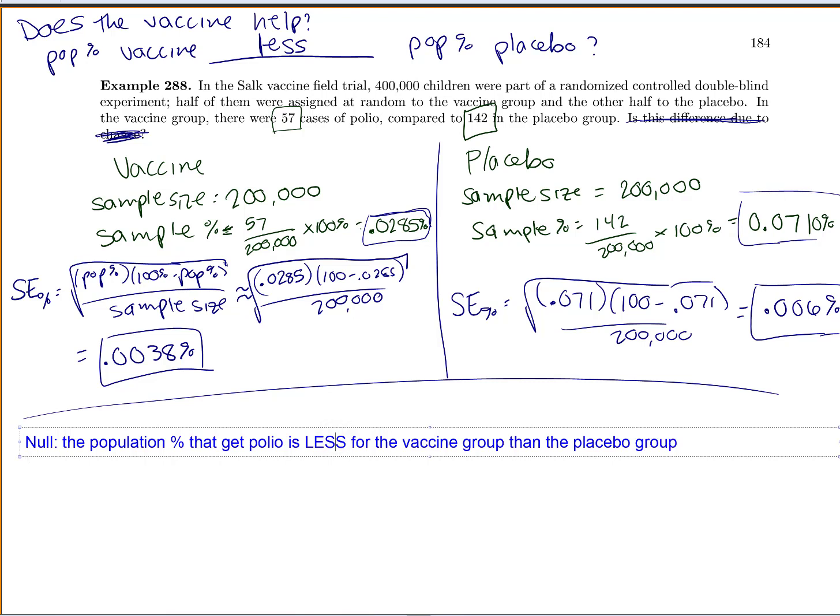Oh, sorry. Null hypothesis is that they are the same. Null is always the same. The alternative is what you're wanting to show. So the null would be that the vaccine and placebo are the same. They don't make a difference. Vaccine doesn't work.